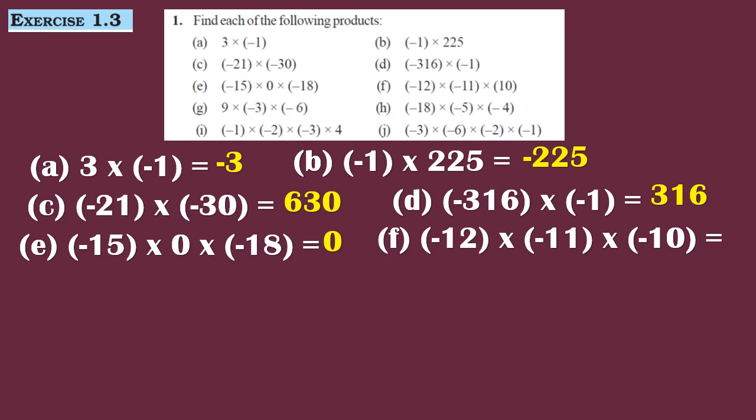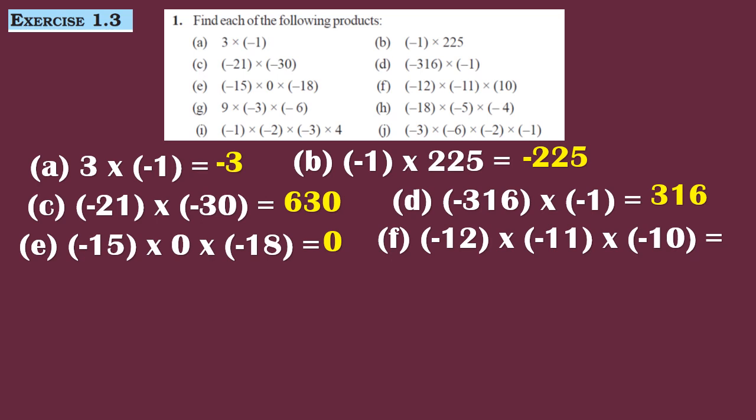Minus 12 into minus 11 into minus 10. Here 3 numbers are there and 3 of them are negative. If the number of negative integers is an odd number, then the product will be negative, and if the number of negative integers is an even number, then it will be positive.